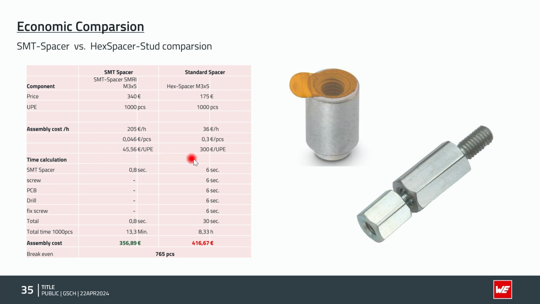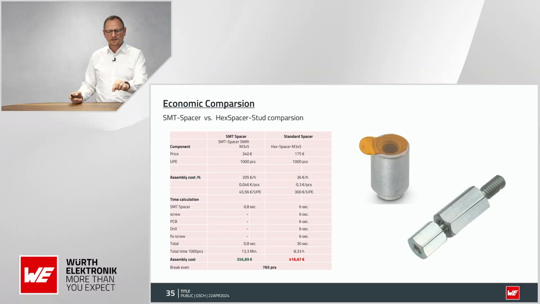is significantly different. Coming from a time calculation, 0.8 seconds is a roundabout time that the pick and place machine needs to pick it from the tape and reel and place it at the right point of the PCB. You would need much longer to do that by hand.